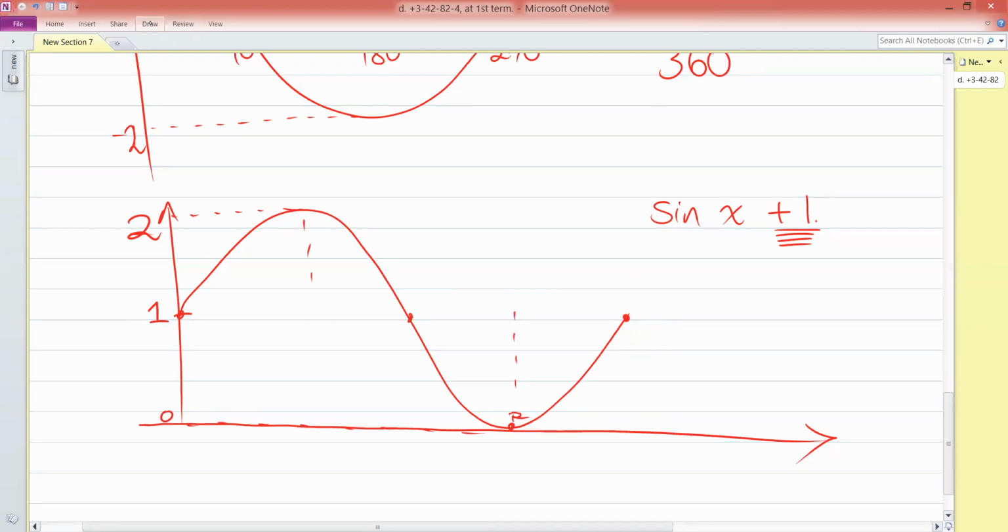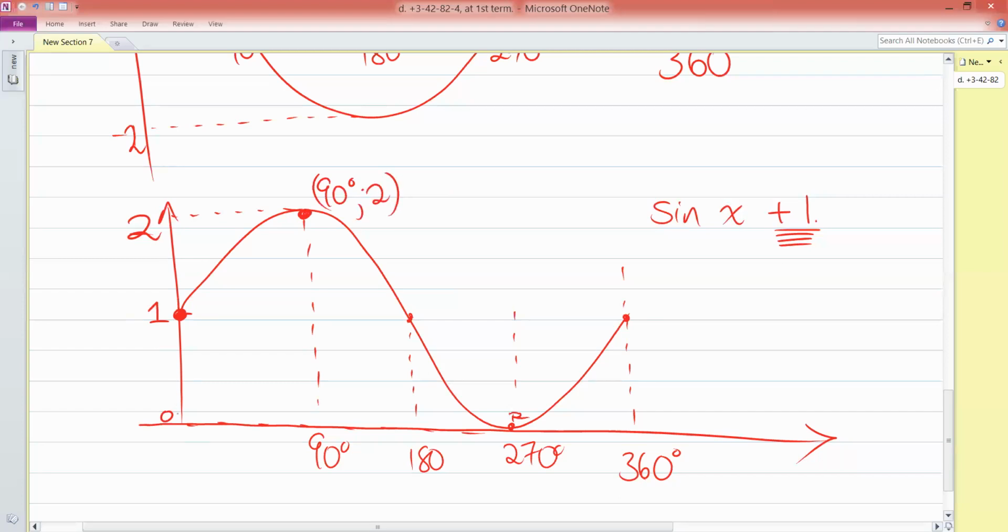So now this here is your 90 degrees. This is 180, this is 270, and this one is your 360. Initially it was 0, 0, but remember you have to show all your turning points, intercepts with your axes, etc. So the maximum point is 90 degrees and 2.